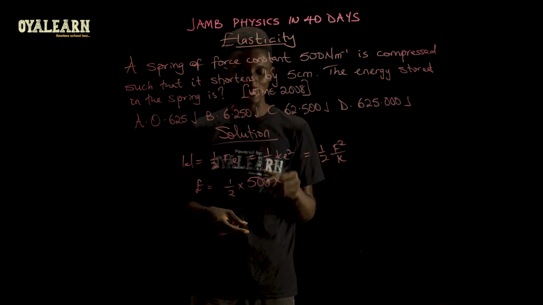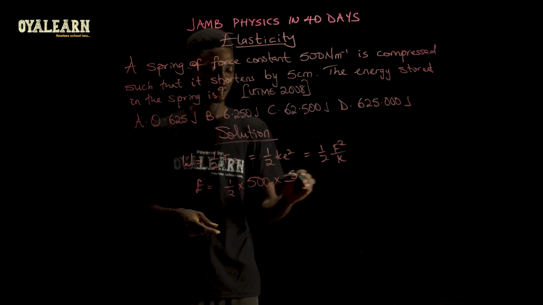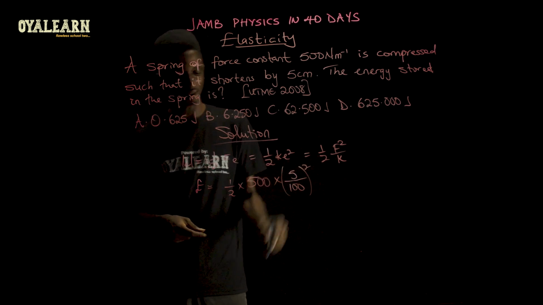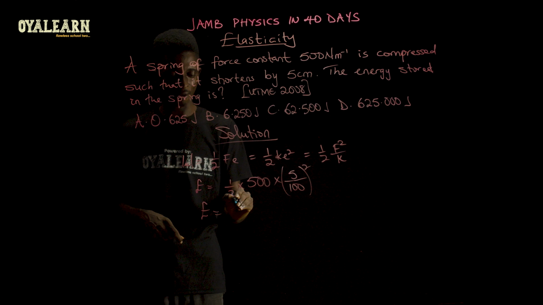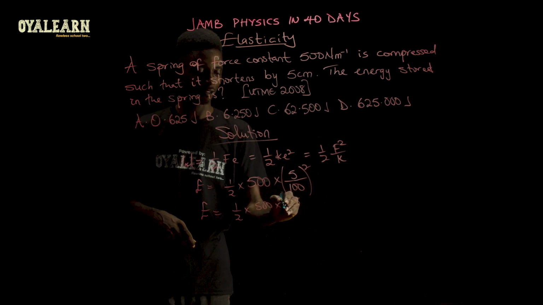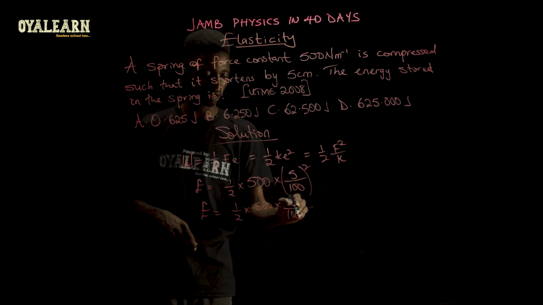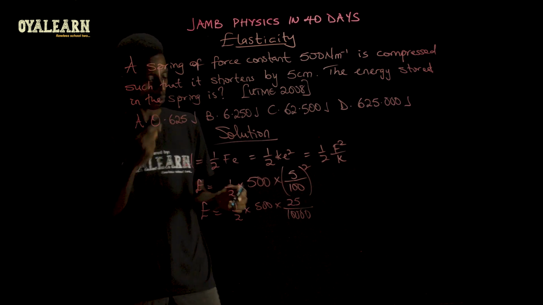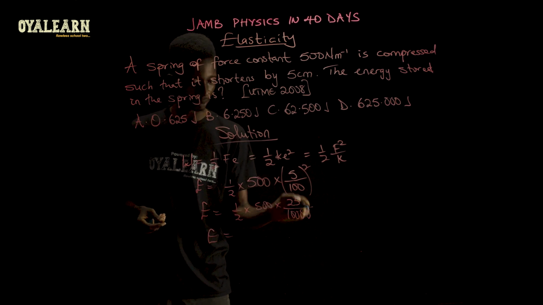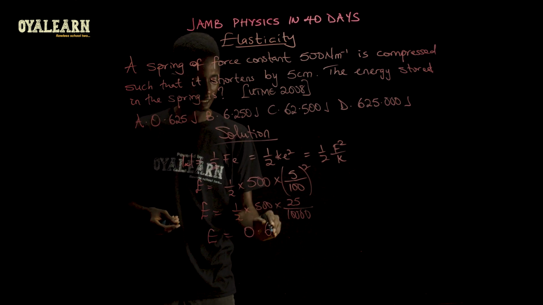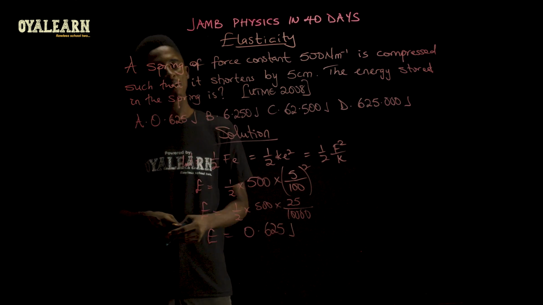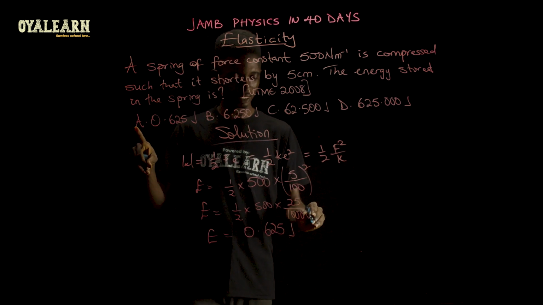We have to convert this to meters, which means 5 divided by 100. And remember, it is e squared, so we're going to square this. This implies that we have 1 over 2 multiplied by 500 multiplied by 25 over 100 squared, which gives us 10,000. You can use your calculator to complete this, and this will give you 0.625, and energy is measured in joules. So the correct option of all the options provided is option A.